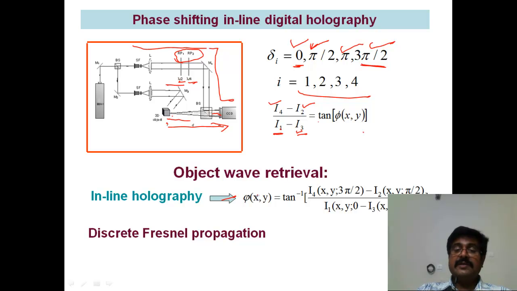So this is the method. The phi can be achieved by tan inverse of this. These are the phase shifts, and then do a discrete Fresnel transform. Thus we can get the exact three-dimensional object wave. That is the method in phase shifting digital inline holography.